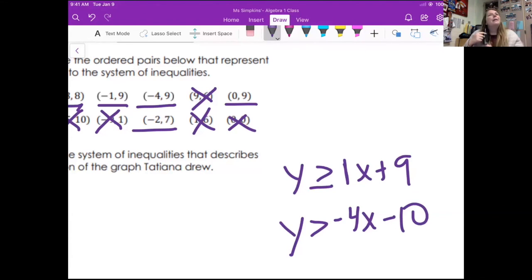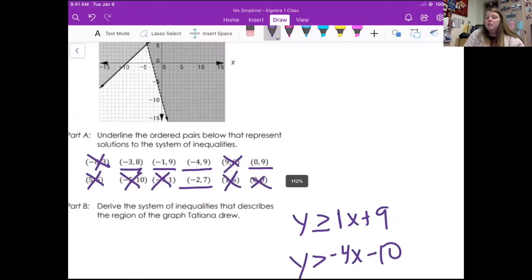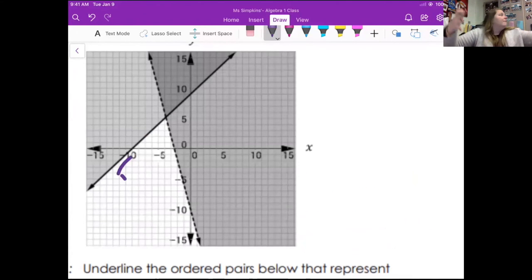Another way that people think about which way to flip the symbol, and this is just an alternative, is that this first shading was above the line, so it was a greater than. The second shading is also above the line, so it was a greater than. If you want to think about it that way, that's fine. Sometimes that's a little confusing, talking about above the line or below the line.